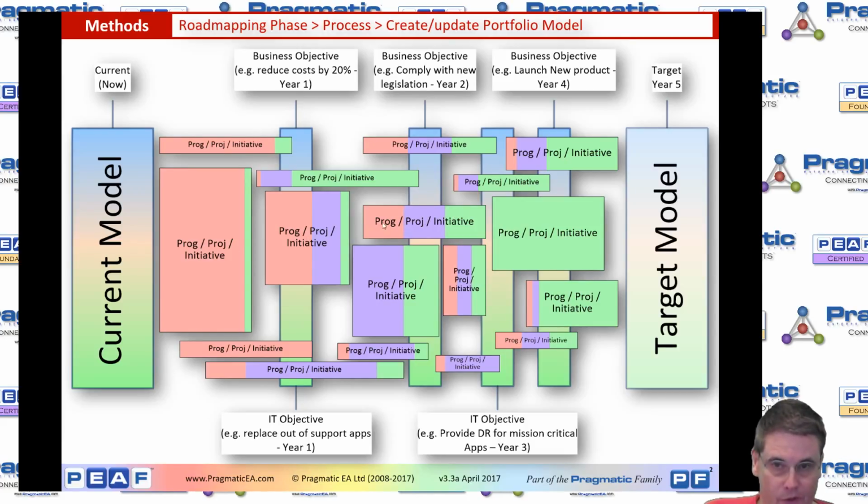So if we look at this project here, for example, it's only a small project. It's getting us from a particular point across. It's achieving a particular business objective, but it's also achieving this business objective. So yes, you're correct. I'd agree with you.